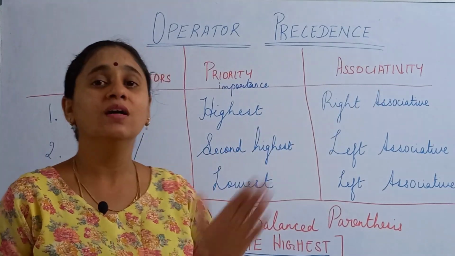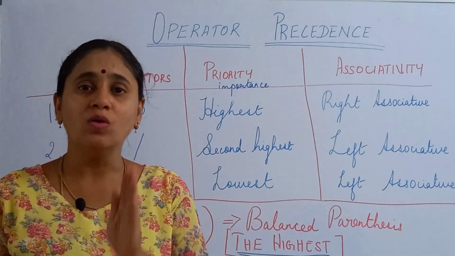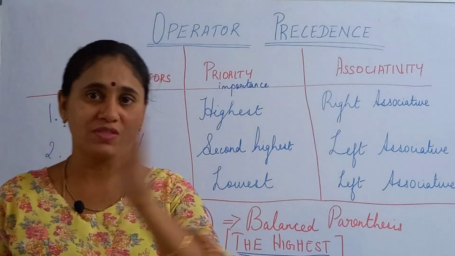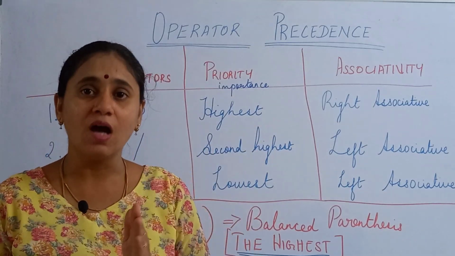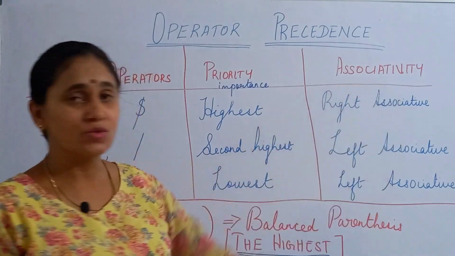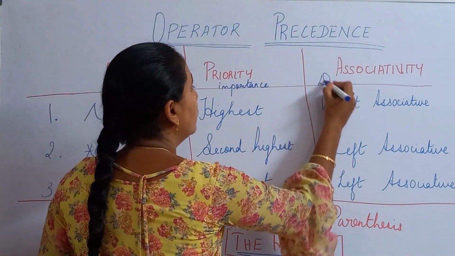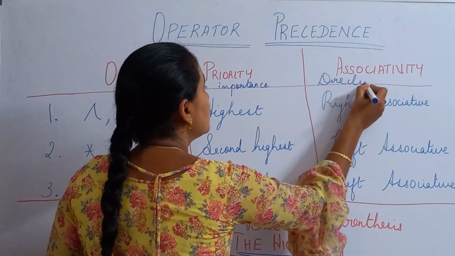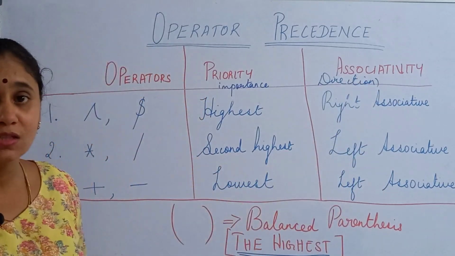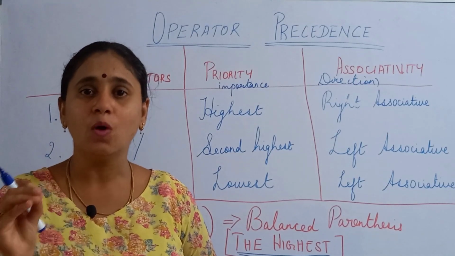It is the direction of moving to solve the expression, whether we start from the left side or from the right side. So associativity is nothing but direction of problem solving. This is the direction through which we proceed for solving the problem.